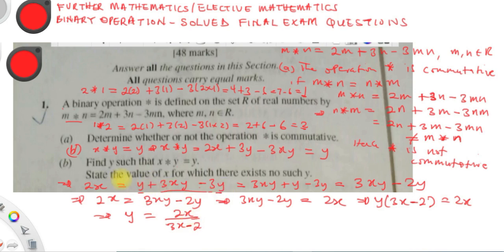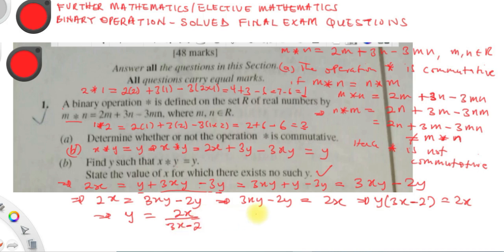Now, state the value of x for which there exists no such y. The value of x for which y does not exist, or y is undefined. That's what it's trying to tell you here. So for y to be defined, the denominator must never be equal to 0. If the denominator is equal to 0, y will never be defined.